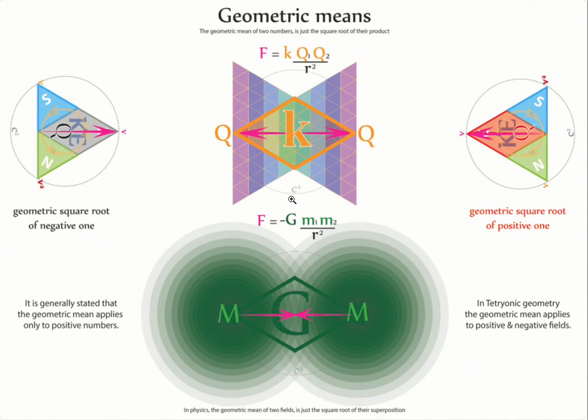In the case of geometric means, the equilateral geometry simply shows us that a geometric mean is an expression of the force, or the linear momentum, between two objects, or the force created by the superpositioned chem fields.